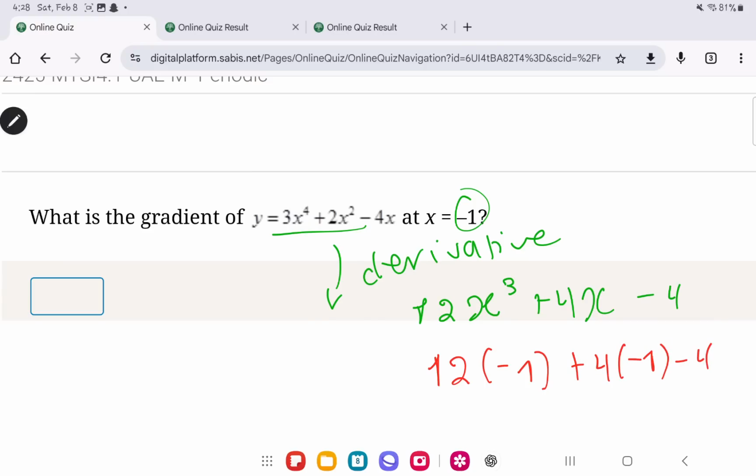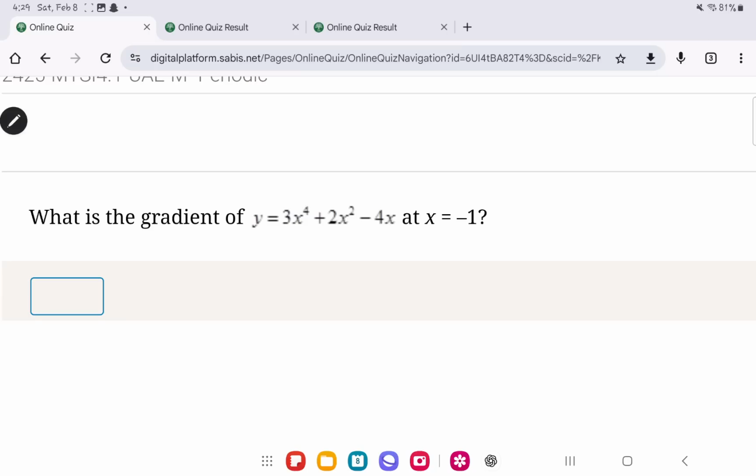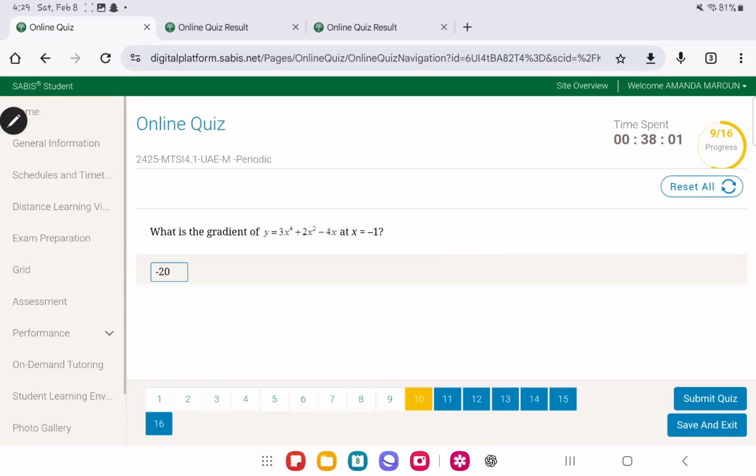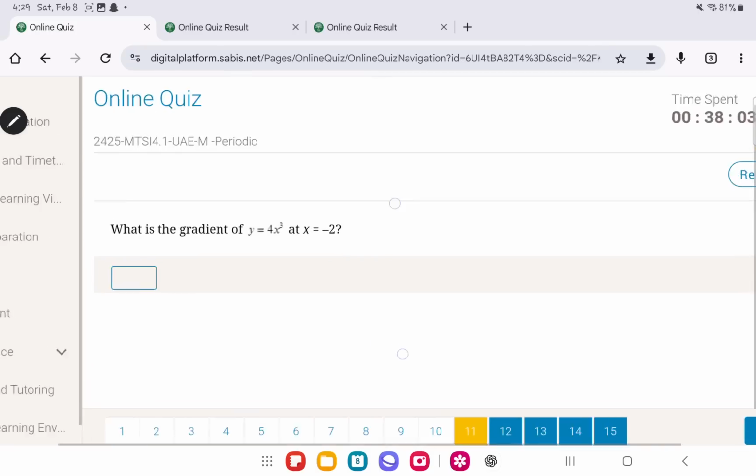You can put it on your calculator. Also, don't forget to put it to the power of 3. You will get an answer of minus 20. So our answer is minus 20.